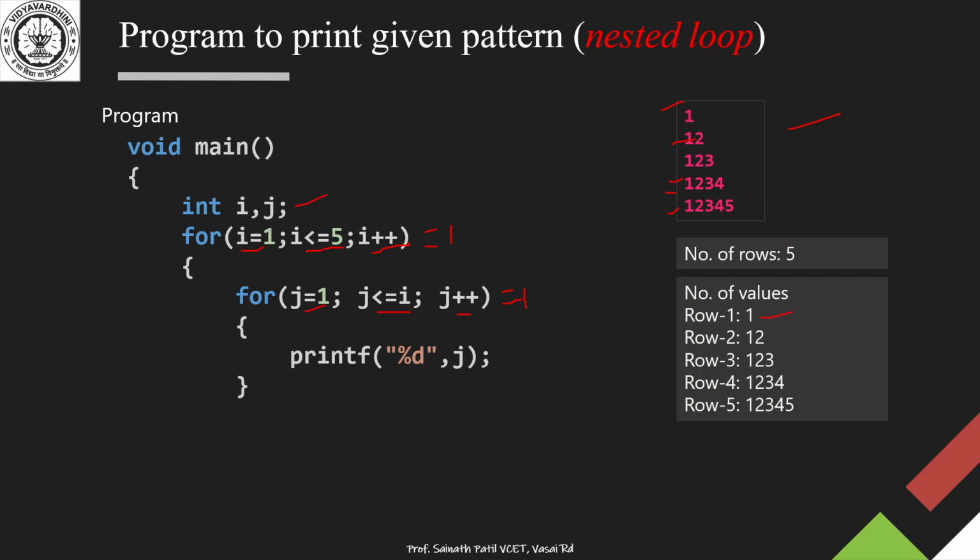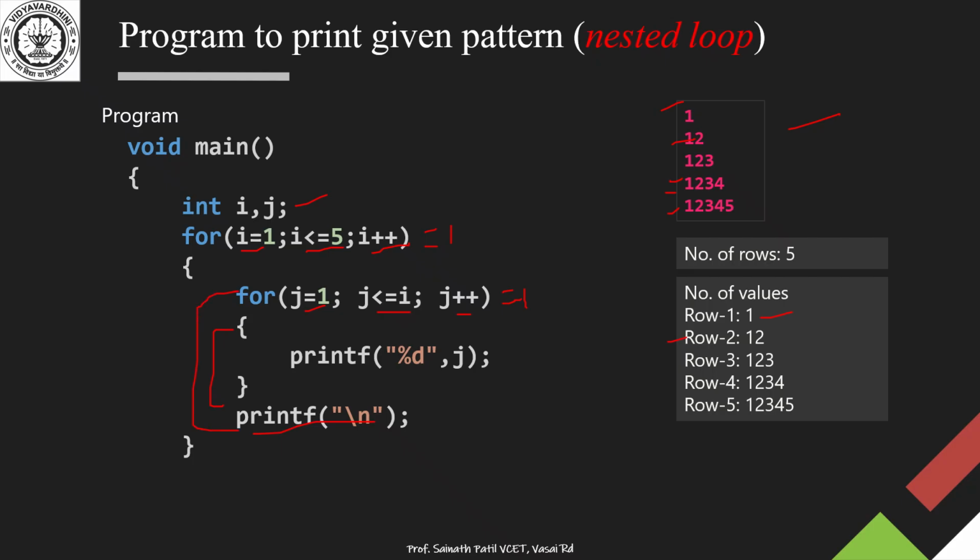Then j plus plus, j becomes 2. Now it is greater than i, so the condition will be false. So it will come out of the inner for loop and execute the next statement. It will not print anything, it will only take us to the second line, that is printf \n, the new line character.